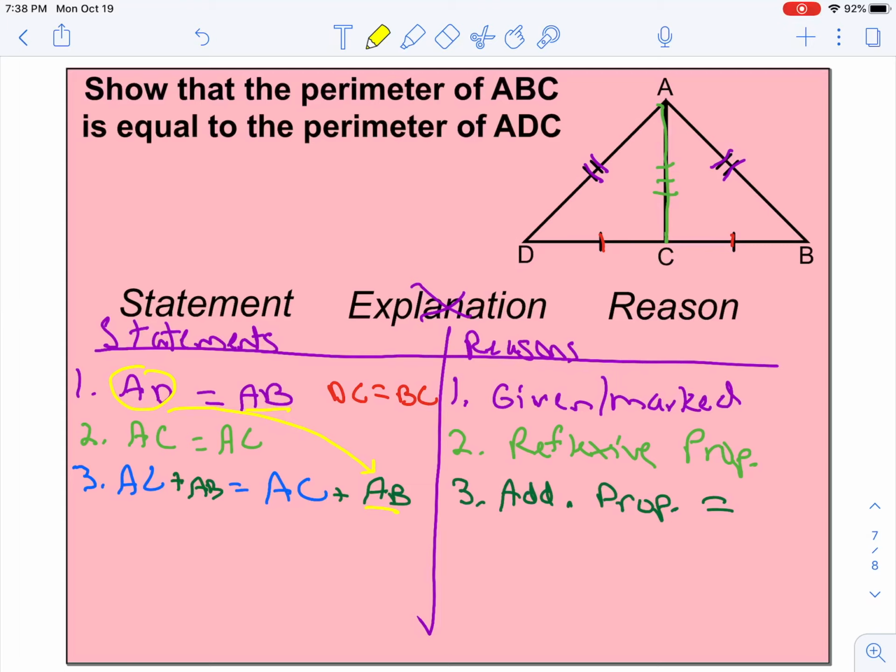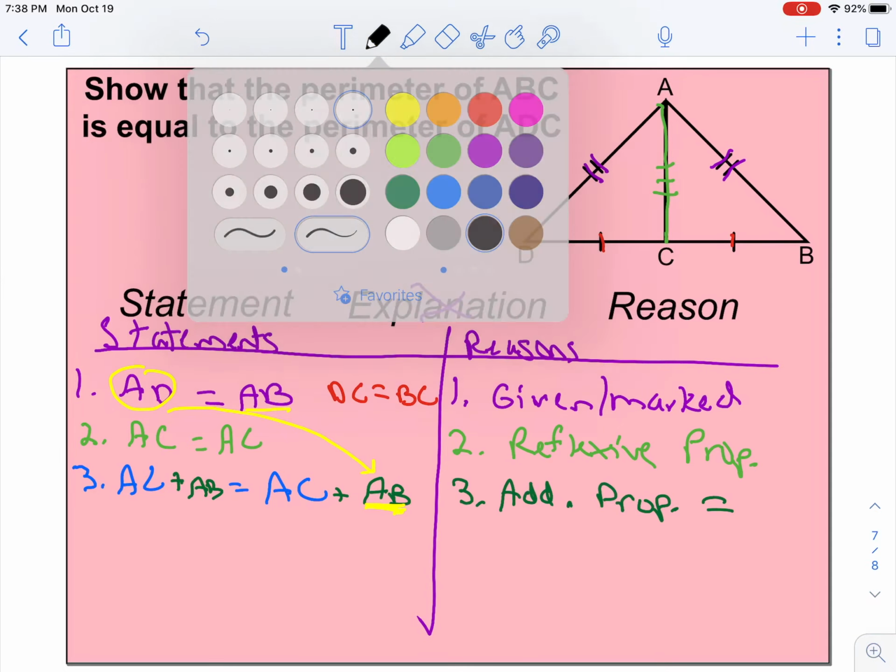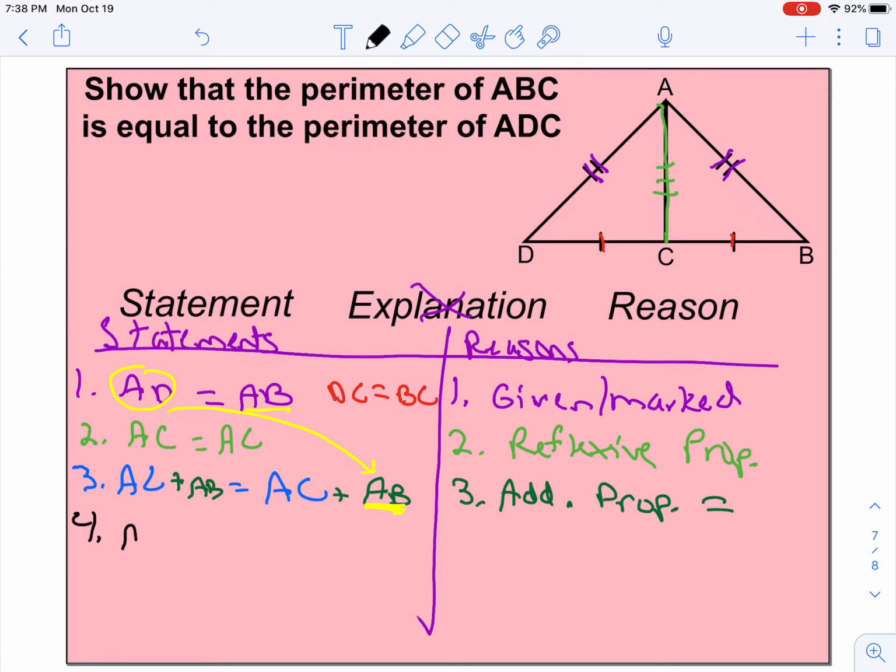So since AD is equal to AB, I can replace this second one right here with AD. So then what does that give us? Well, it still gives us AC plus AB is equal to AC plus AD. And that is substitution.